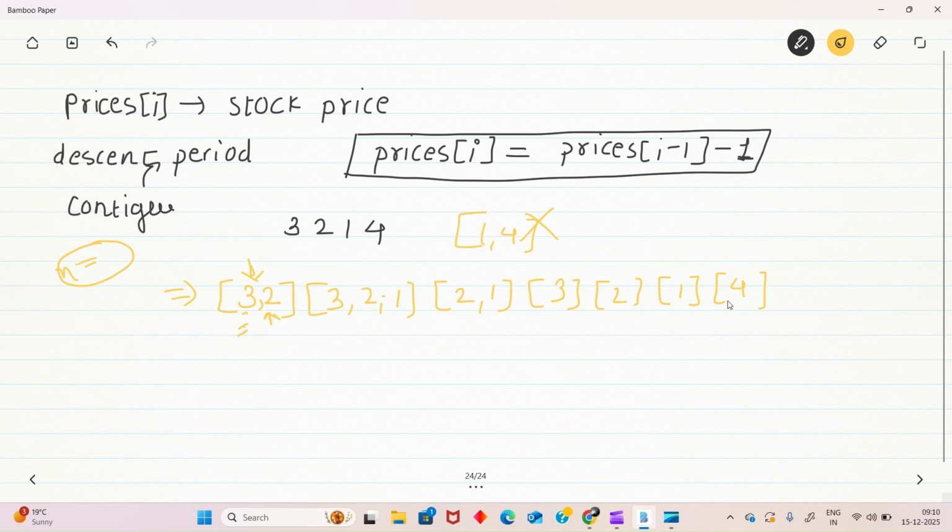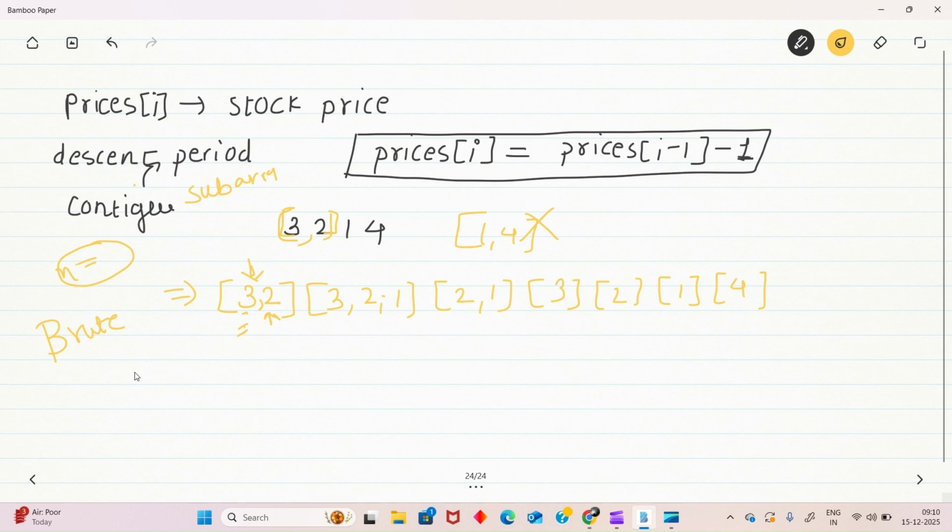Before solving this question, what comes to mind is the normal brute force approach. Contiguous descent period means it is a subarray.